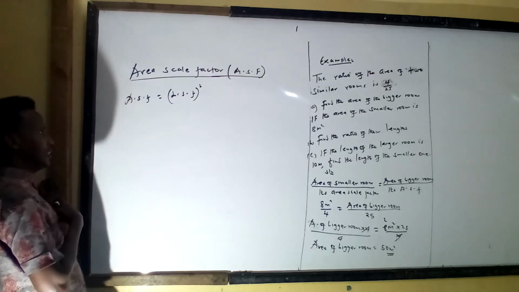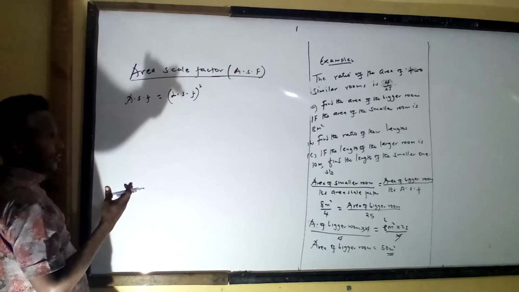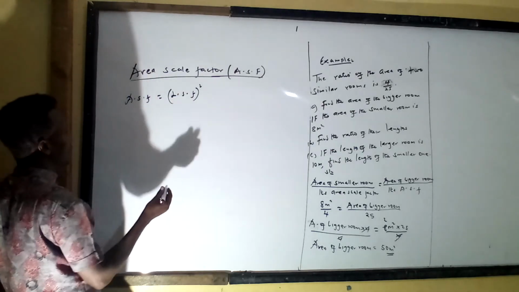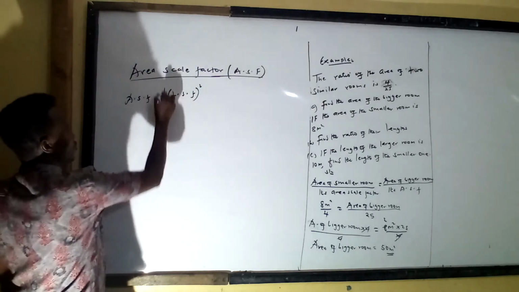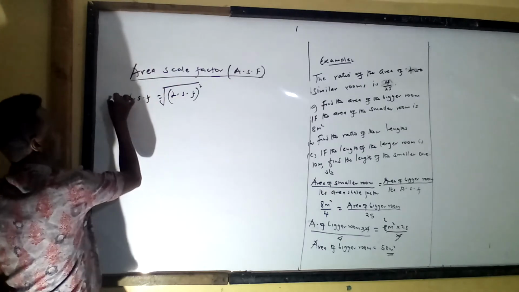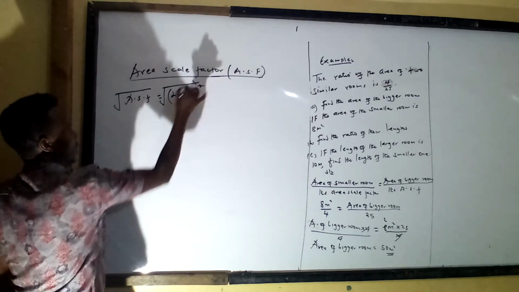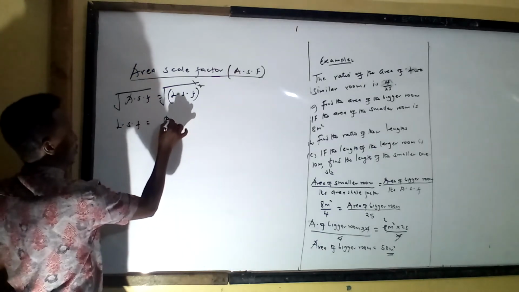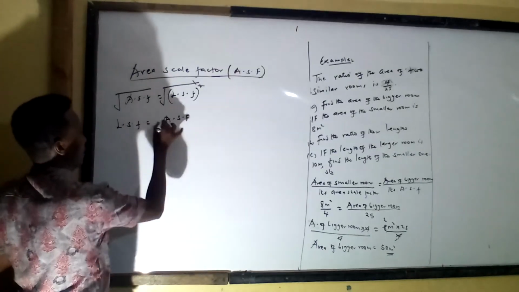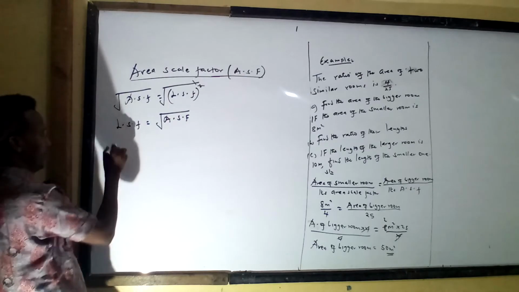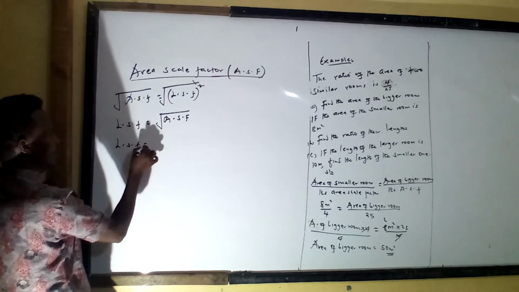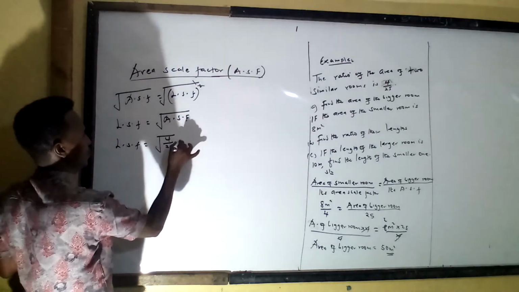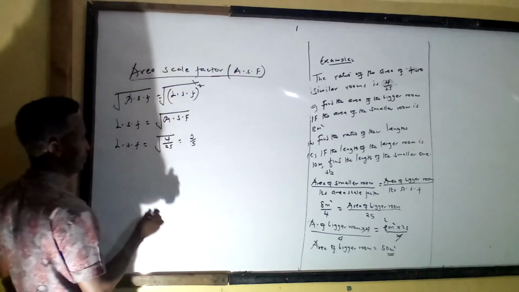Then for me to get the linear scale factor, I will introduce a root sign on both sides of the equation, so these two will cancel. Then I will have linear scale factor is equal to the square root of the area scale factor. Then linear scale factor is equal to the square root of 4 out of 25, that will give us 2 out of 5.